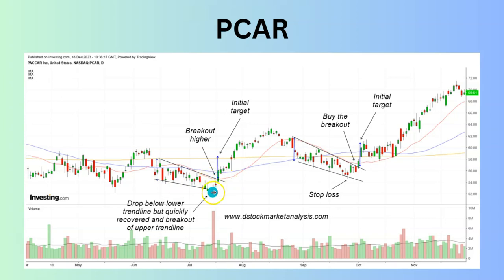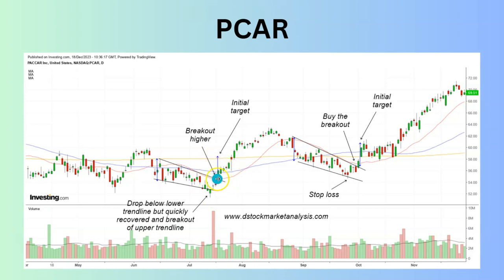And we actually have a failed pattern here where the stock dropped below the lower trend line, but it quickly reversed back up. Now, a stock that has a failed pattern but quickly recovers is actually much more bullish than the original pattern, because everybody was trapped here and suddenly it goes back up. So it becomes more and more bullish.